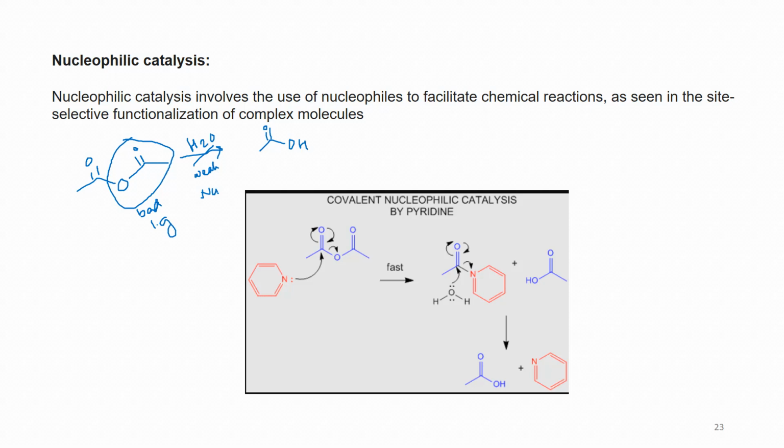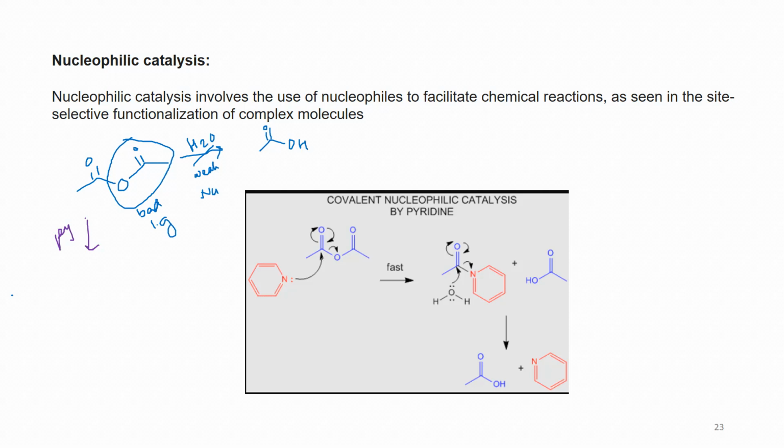So what we can do is make this bad leaving group into a good leaving group. How is this possible? If we add 1 mole of pyridine to the reaction, what will it do?